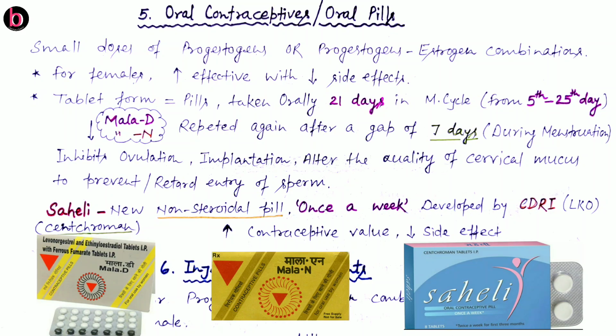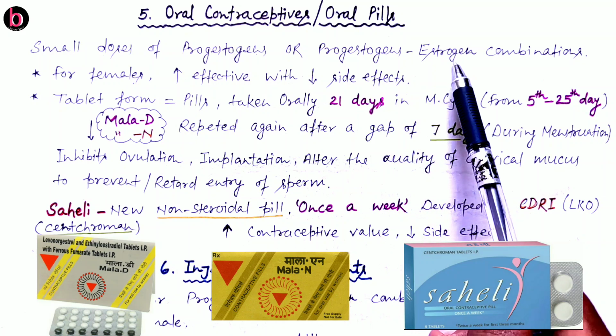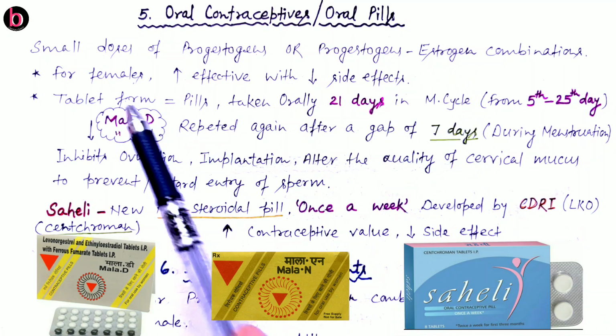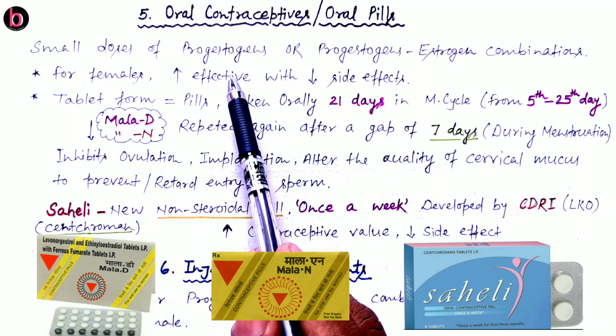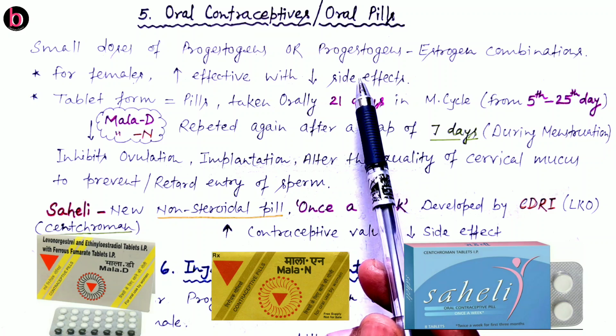Next is oral contraceptives or oral pills. This is only for females, and here a small dose of progestogens or a combination of progestogen and estrogen is given to a female. This method is highly effective with lower side effects.